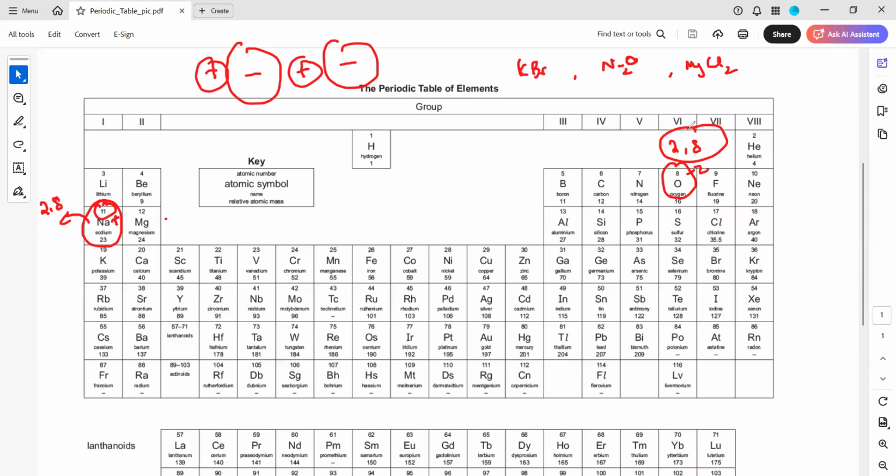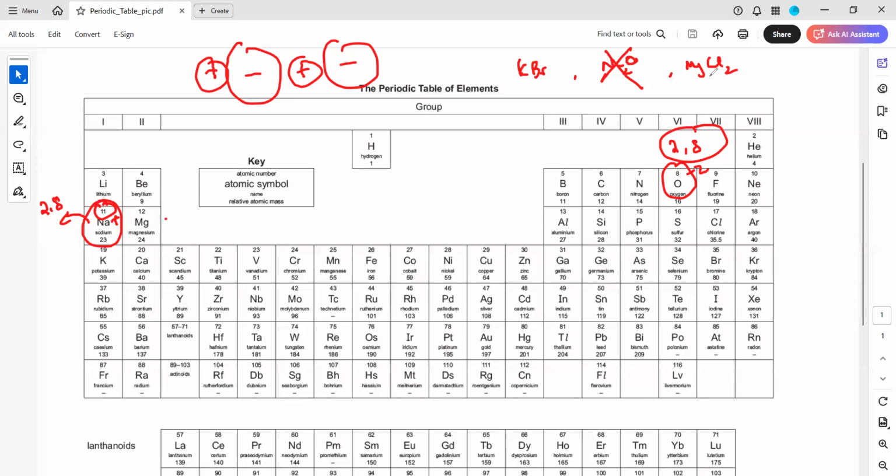So if it was sodium oxide, they would have the same number of electrons, and the positive and negative ions should be equal in size. So it cannot be sodium oxide, because according to the question, the positive ions are smaller and the negative ions are larger.